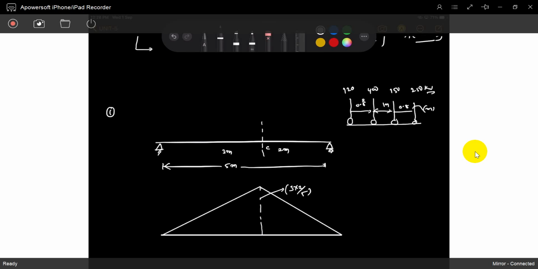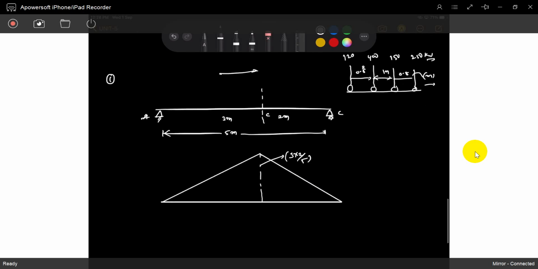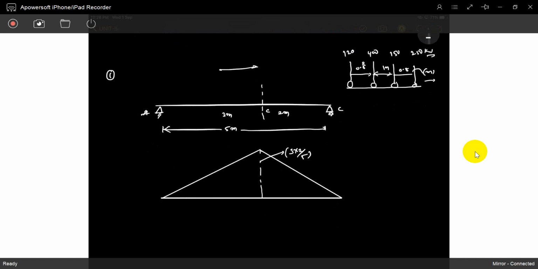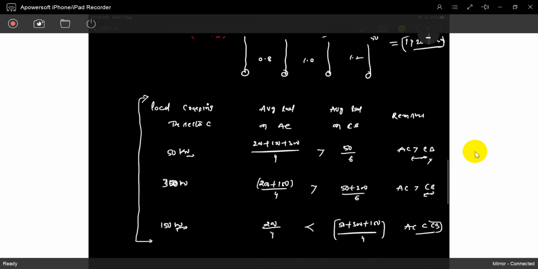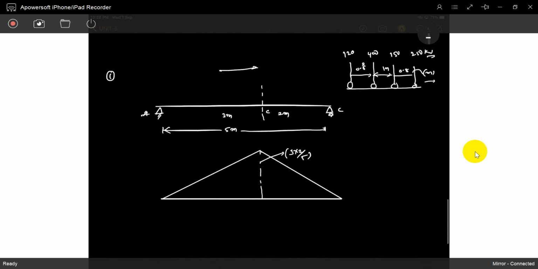This section C. This load is moving from this end to this end. No need to put a table here. I will write directly.